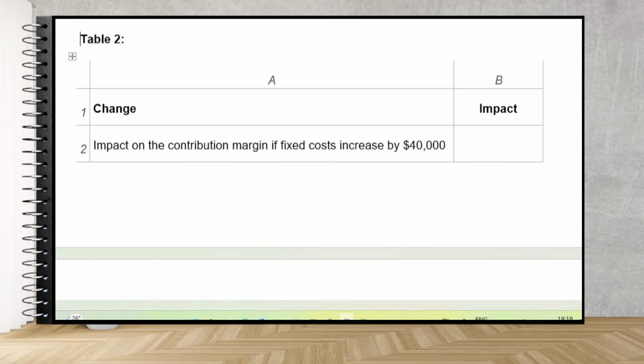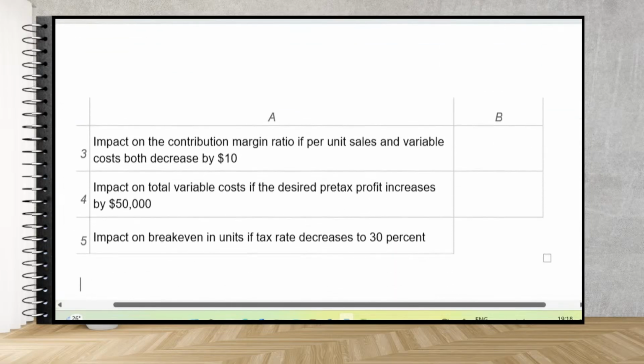What is the formula for contribution margin? Or how are you going to calculate contribution margin? It is basically the sale minus variable cost. So fixed cost does not impact the contribution margin. So here the answer is no impact. Next one.